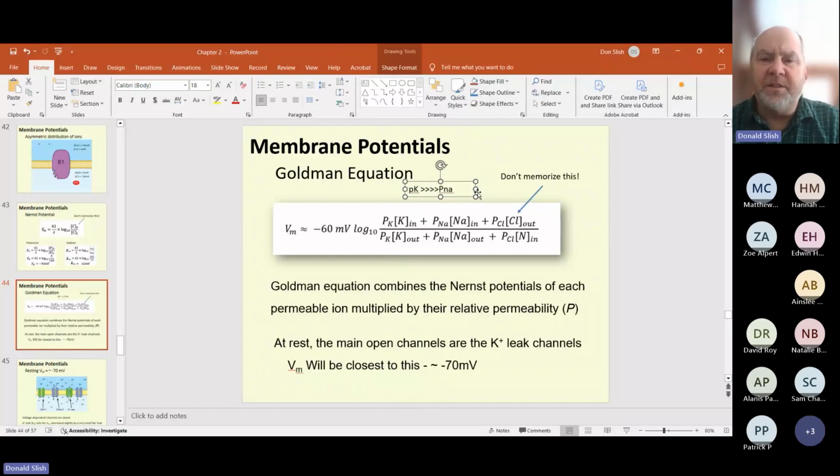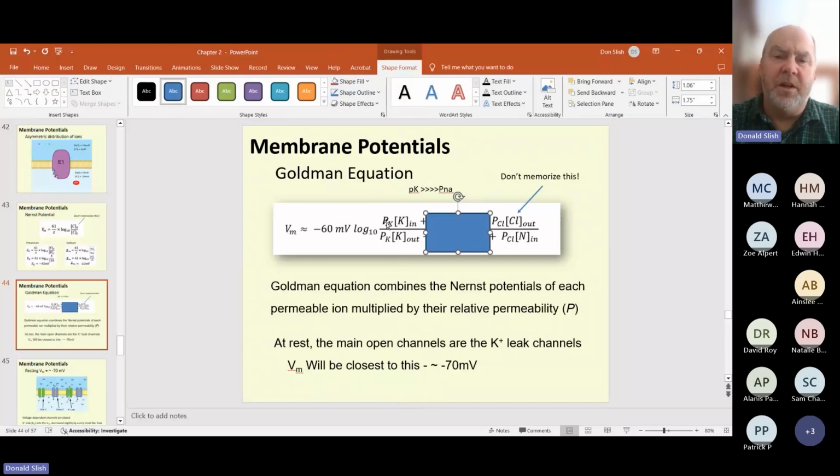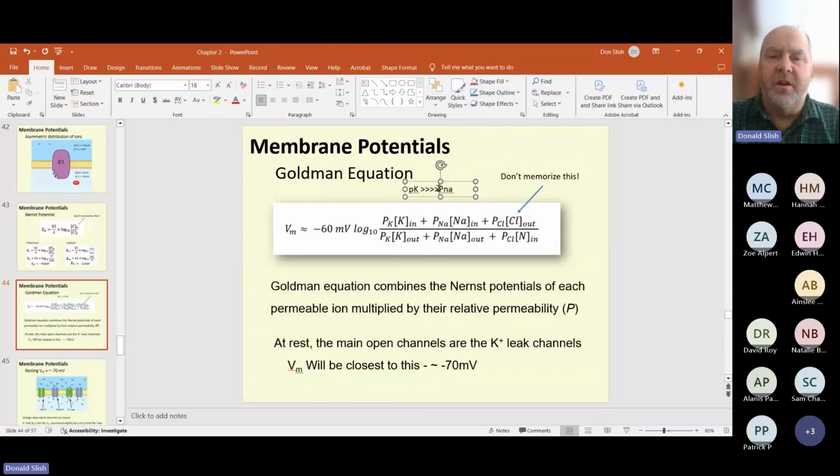So if you had all your potassium channels open and none of your sodium channels, PK would be much greater than PNa. So PNa would be close to 0 compared to this, which would be close to 1. If you put PK over PNa, this would be close to 1 and this would be close to 0, which would mean that this wouldn't be contributing to the membrane potential anymore. The membrane potential would be controlled by this. And that's more or less what we're going to see here in our action potential.